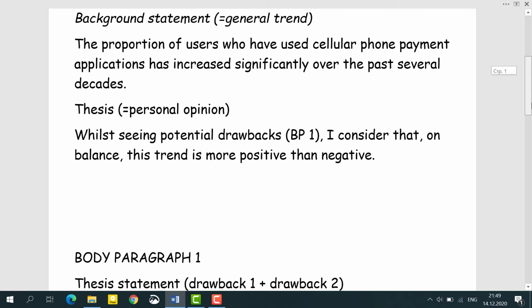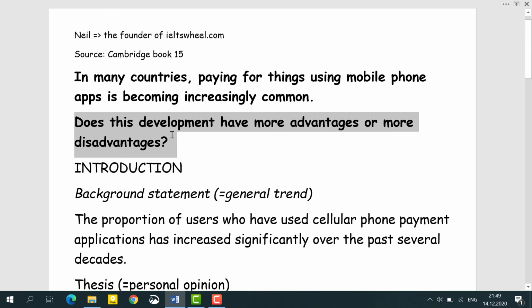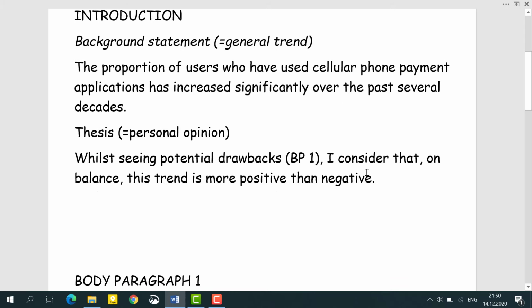Therefore I've written here on balance. This trend is more positive than negative. The examiner wants me to answer this question precisely, and I have already answered it. And I'm going to talk about the second part, that this trend is more positive than negative, in body paragraph 2.